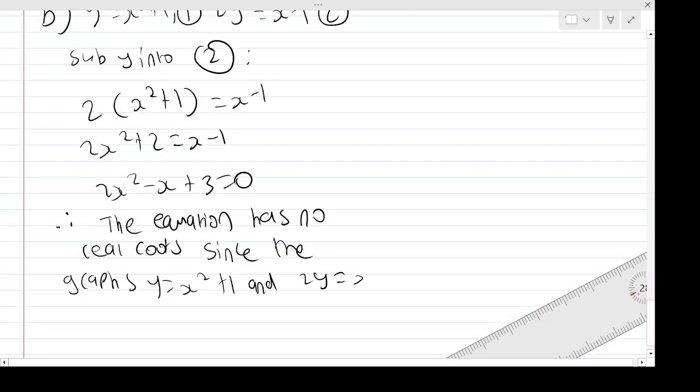Yes. Or you could say y was a half x minus a half, doesn't matter. And 2y is x minus 1 do not intersect. Okay, cool. There we are.